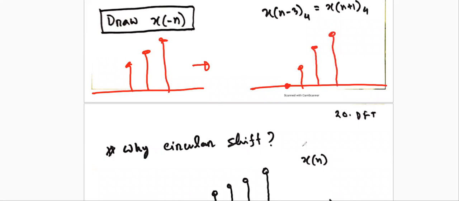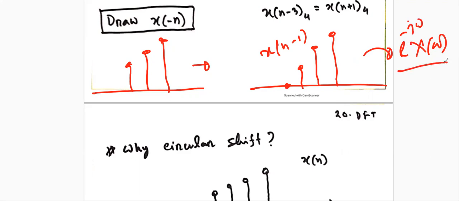If you are shifting right, your signal in the time domain definitely has an impact in the frequency domain. So you have x(n minus 1). You also have the shifting in the frequency domain. You get the same frequency, but the phase will change, by minus j omega, so some omega part will change. I'm just giving an example here.